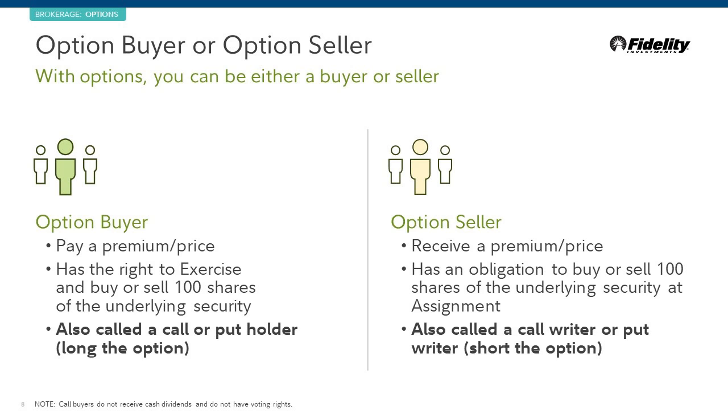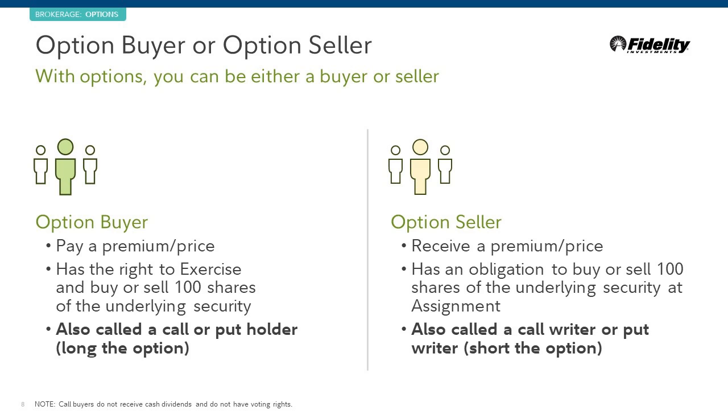Now, you could be trading with another individual just like yourself, or you could be trading with somebody who is stepping in to make a market and create an orderly market for you, where you're more trading with an institutional type trader. With this, you have the option buyer and the option seller.